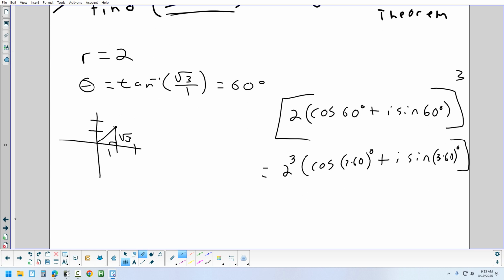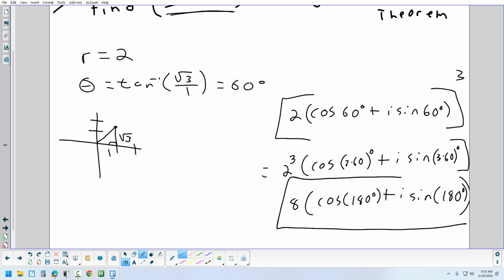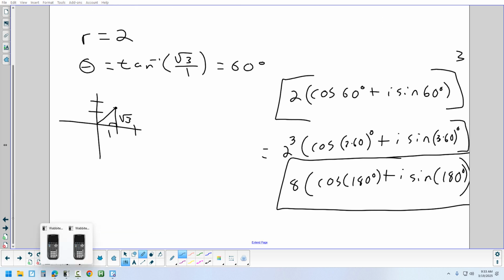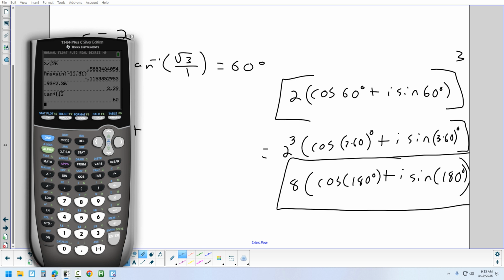Yep. So 2 cubed is 8. Cosine 180 plus i sine 180. And that is your final answer in trig form. If they wanted the final answer in standard form, well, then you just distribute out what you have.